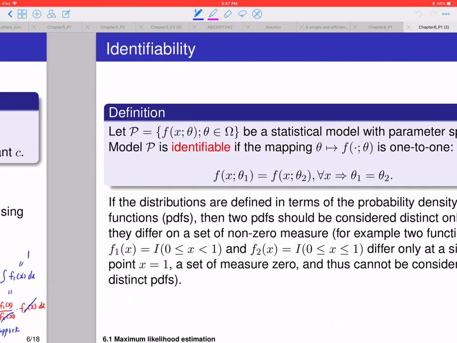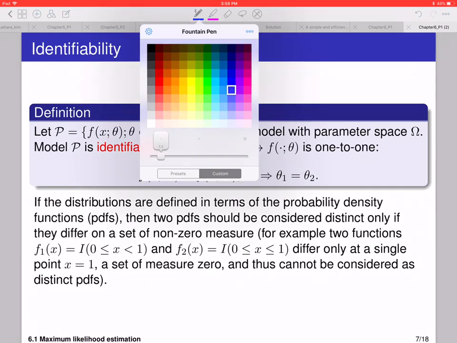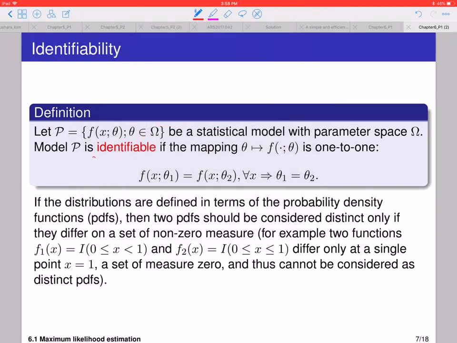Now I'm going to briefly talk about identifiability. The model, a family of density functions, is called identifiable if, another way of saying it, different parameters give different density functions.